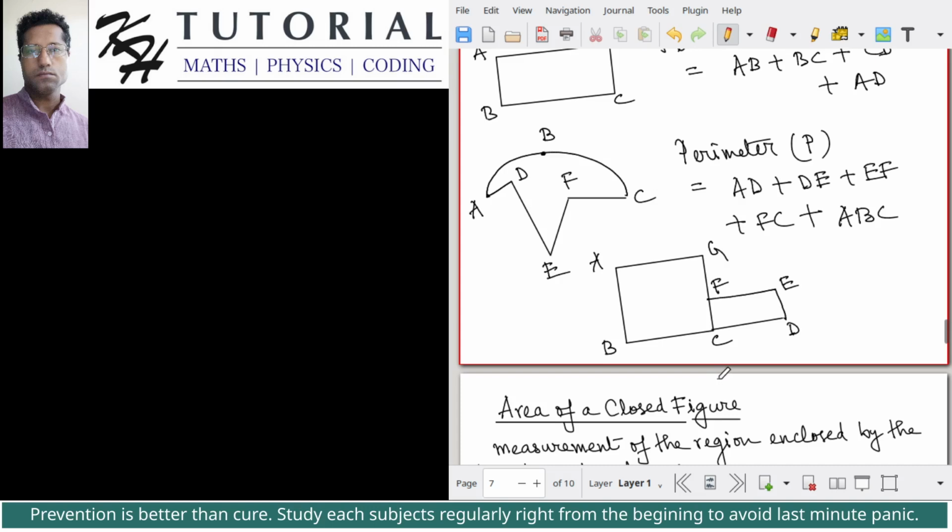Now this is a closed figure, but even though it is not a simple closed figure, as it is intersecting with itself at the points F and C, it is a closed figure. For a closed figure, the boundary will not include any part of the figure which is inside the figure.